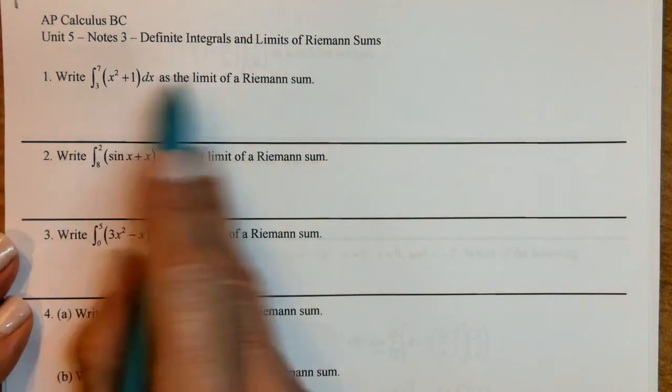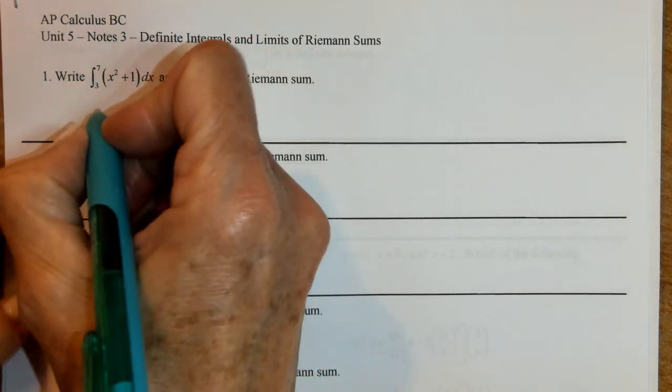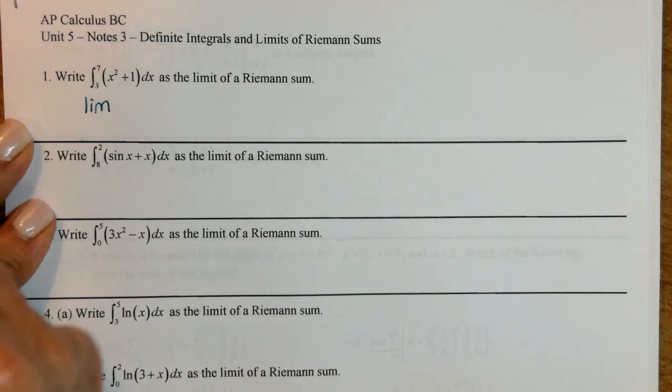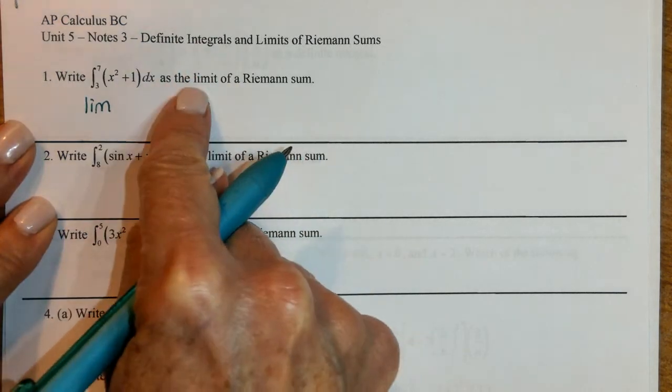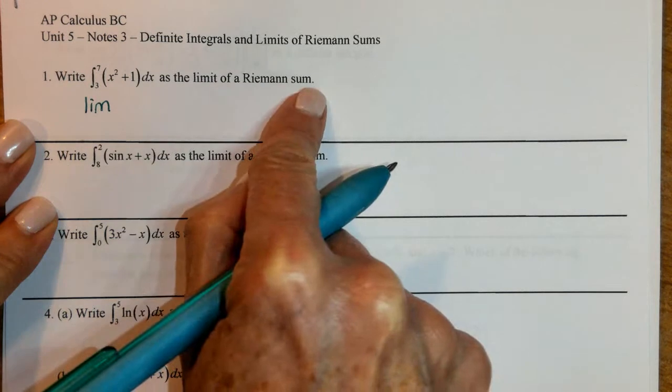let's write this integral as the limit of a Riemann sum. So I'm going to write this as the limit, and kids sometimes say, I always forget if the limit or the summation sign goes first. I'm like, well, it's a limit of a Riemann sum. Limit of a sum. So limit comes first, sum comes second.